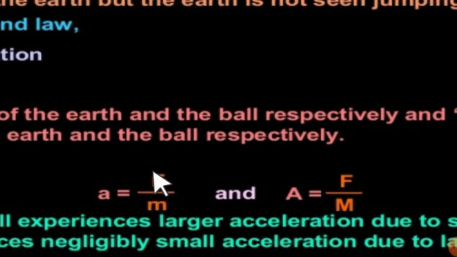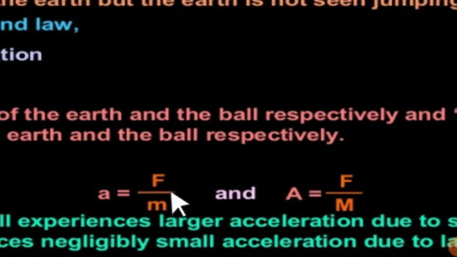The gravitational force between the ball and the earth is capital F, and the force experienced by the earth due to the gravitational force of the ball is also this capital F. By Newton's second law, F is equal to mass into acceleration. From it you can find the acceleration of the ball and the acceleration of the earth.